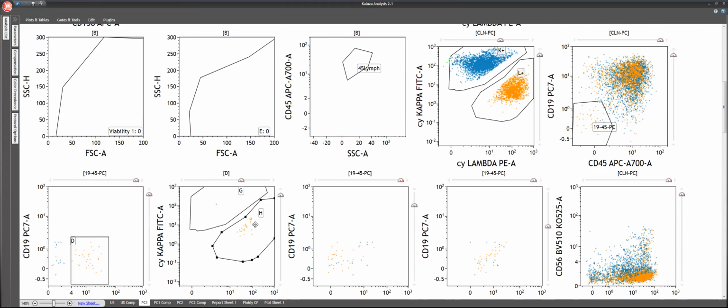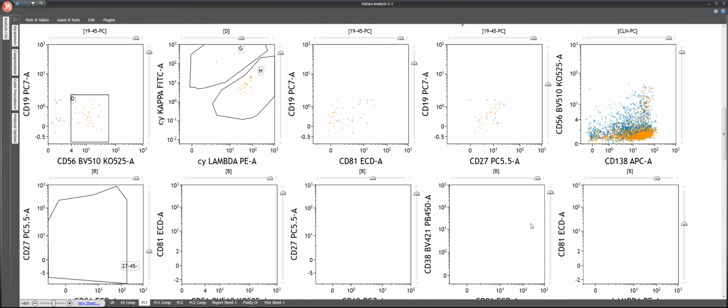Okay, after exclusion, we still have a few cells here, which are CD81 negative, CD19 negative, CD56 positive.